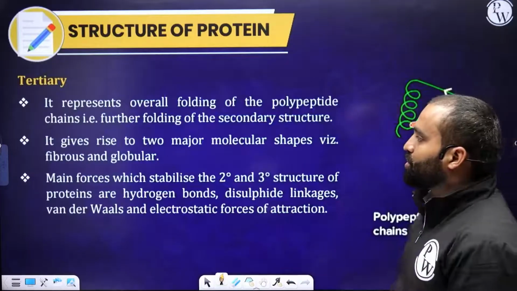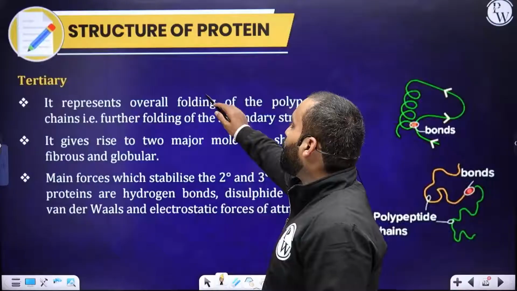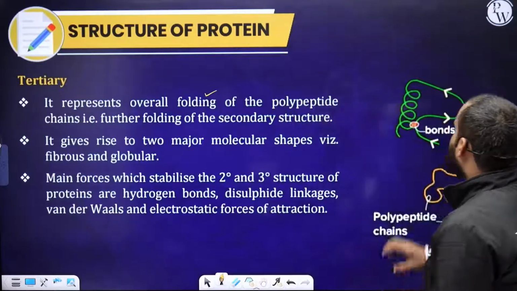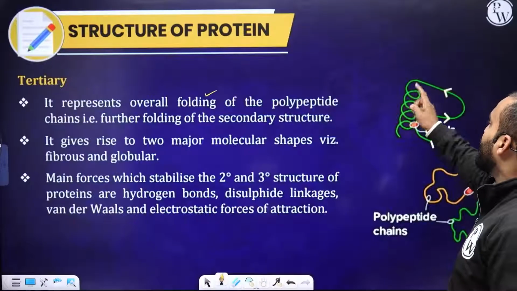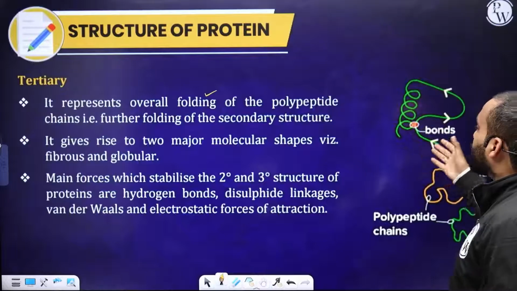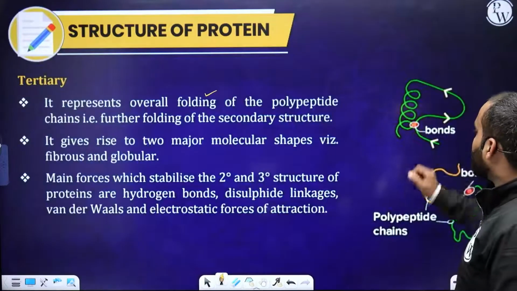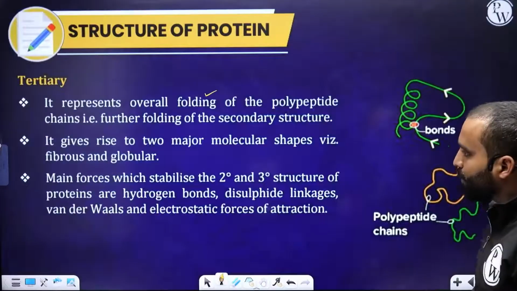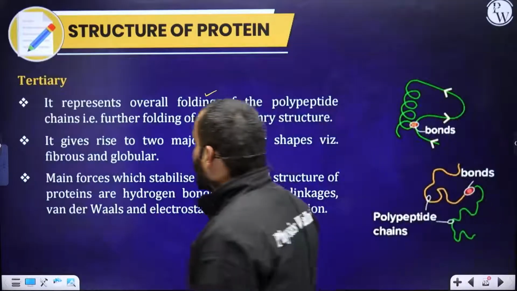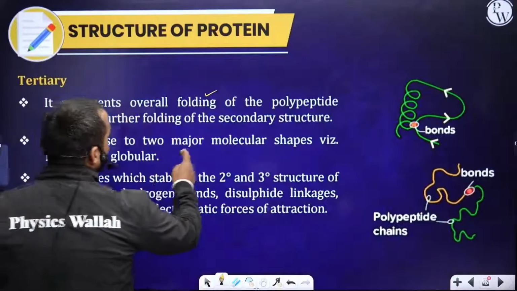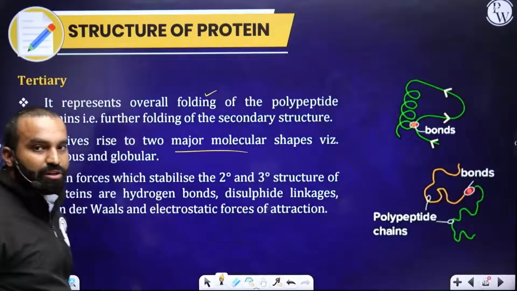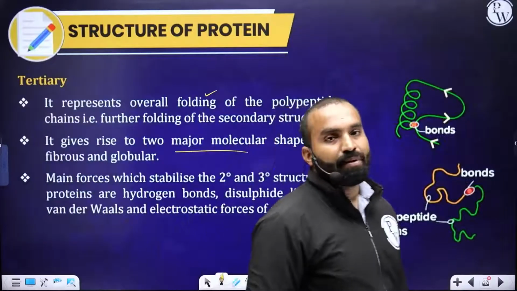Now tertiary structure represents overall folding. So you may have alpha helical as well as beta pleated. A combination of the two will represent tertiary structure. Then this gives rise to two types of molecular shapes which we have just learned, globular and fibrous proteins.